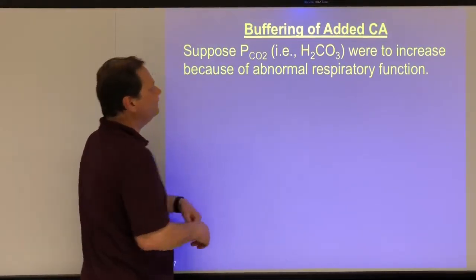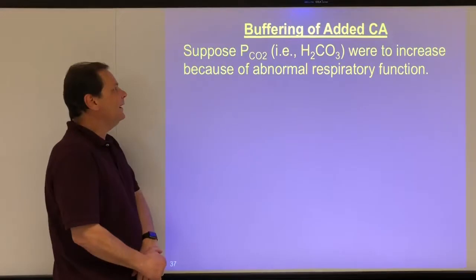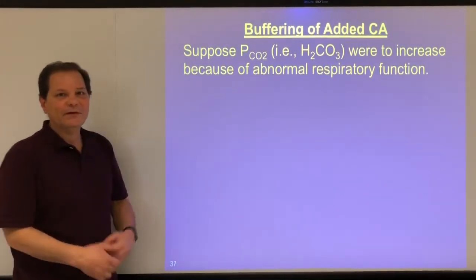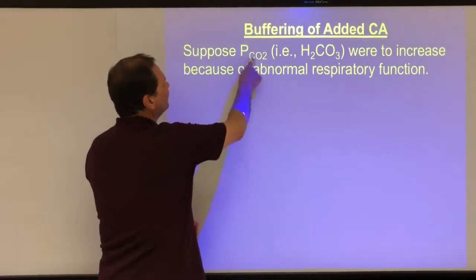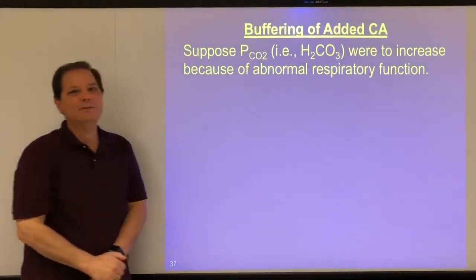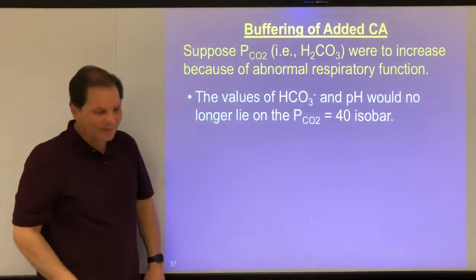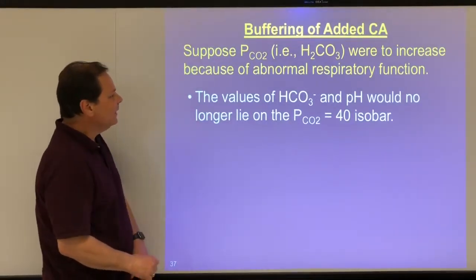So let's say you've got some sort of abnormality in respiratory function. That abnormality is causing the ability of your lungs to exchange gases to go down, and therefore your partial pressure of carbon dioxide in your blood rises. Okay, so let's talk it through just like we did with our metabolic acidosis.